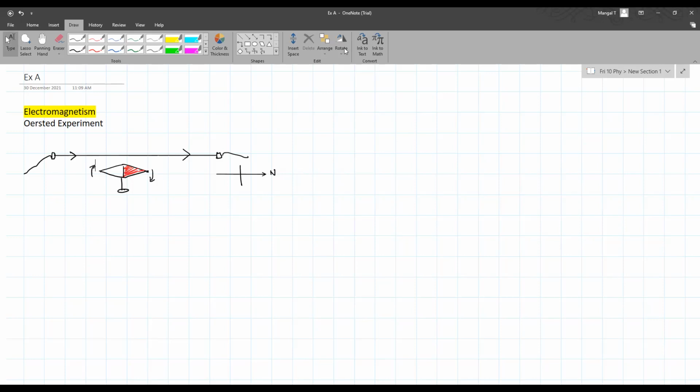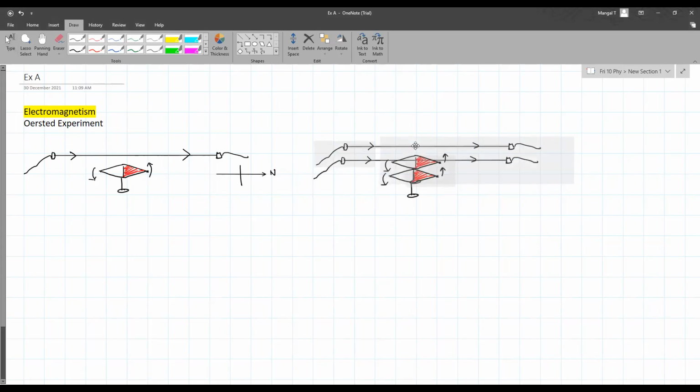Okay. So this is a compass needle which is pointing in the north-south direction because of Earth's magnetic field. So if there is any other magnetic field around it, that magnetic field can influence this needle and it will deflect the needle. So when you saw that the needle is deflecting this way, and if I copy the same thing and place it over here, what will I do now?